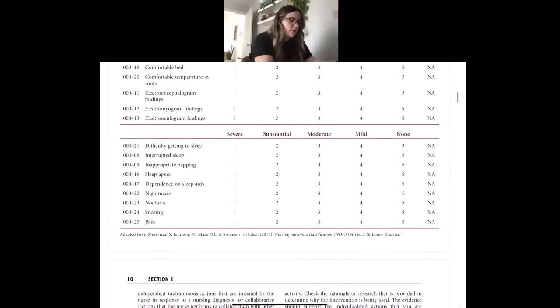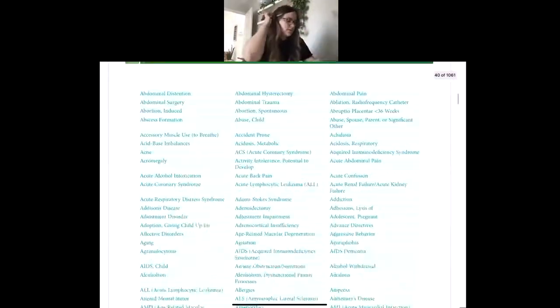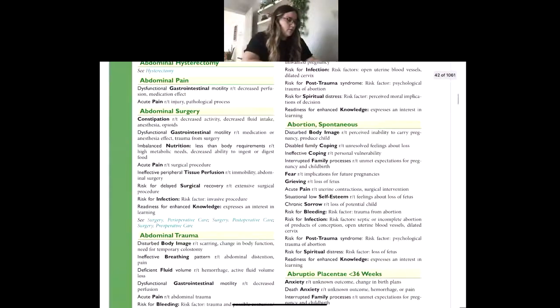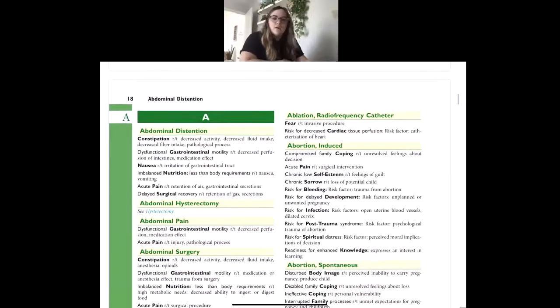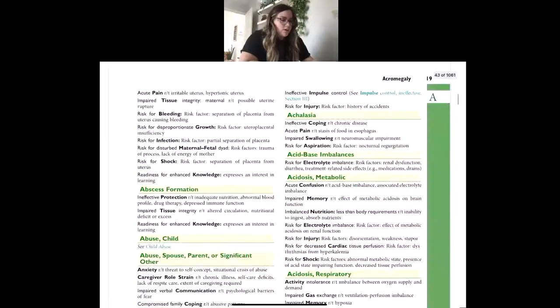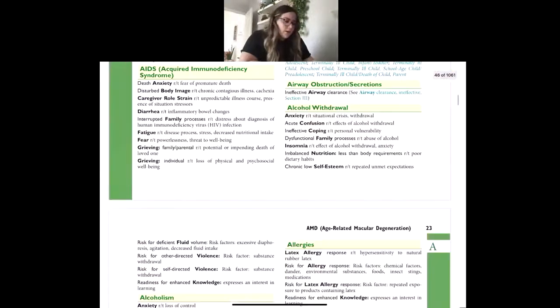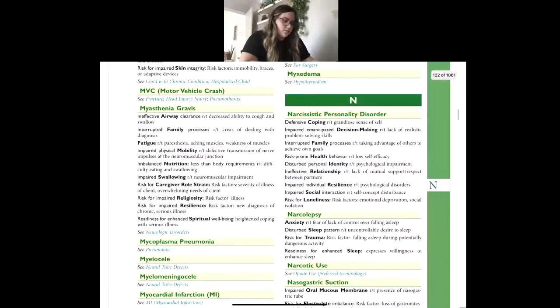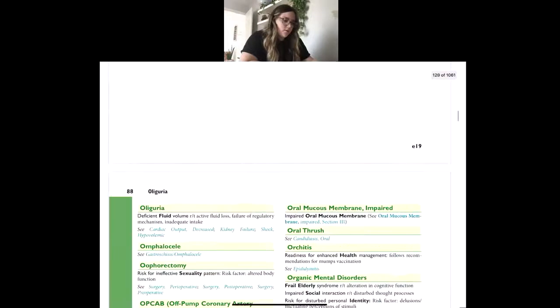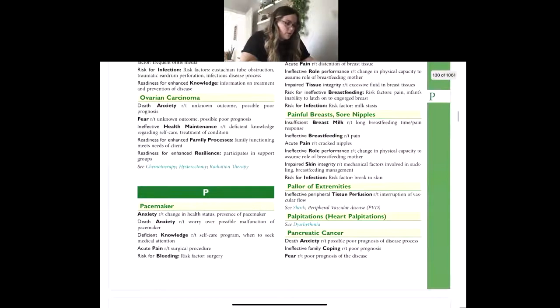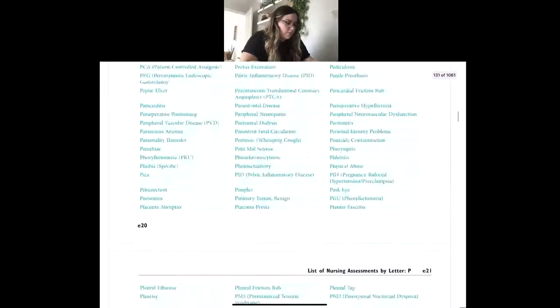We're going to go to this green section in the front, and as you can see, it goes alphabetically, and it's going to have all of your common disorders or diseases. So we're going to scroll down and find pneumonia. N-O-P. So let's find pneumonia.